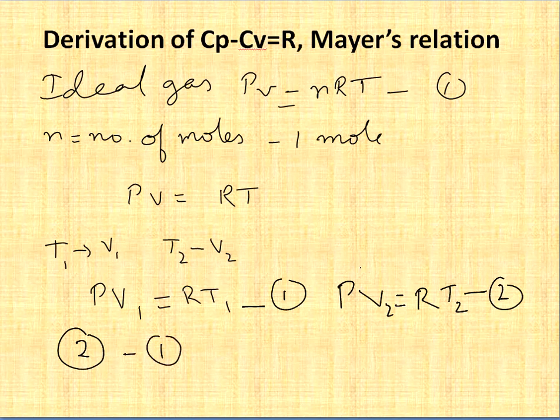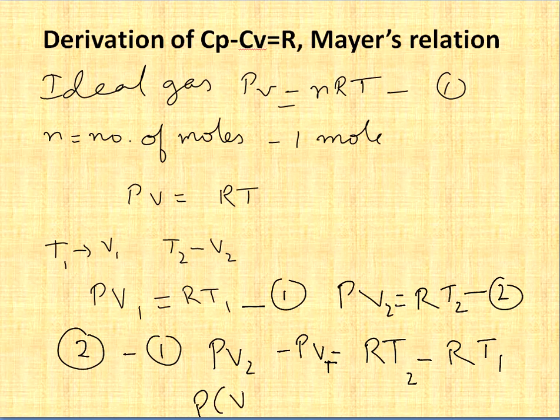We get PV2 minus PV1 on the left side and RT2 minus RT1 on the right side. Take P common, V2 minus V1, is equal to R common, T2 minus T1.